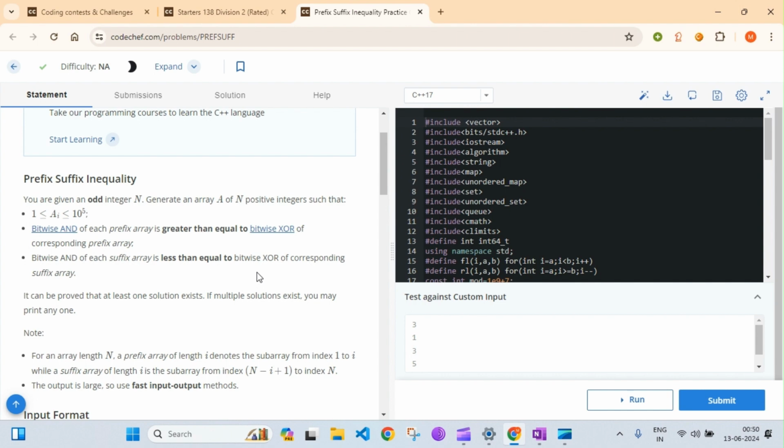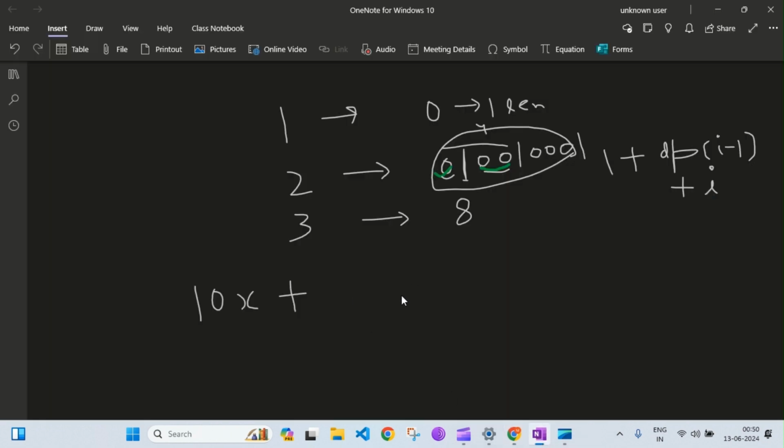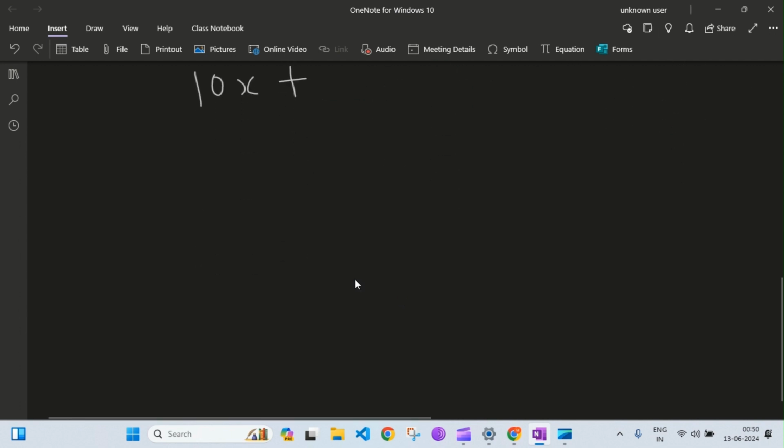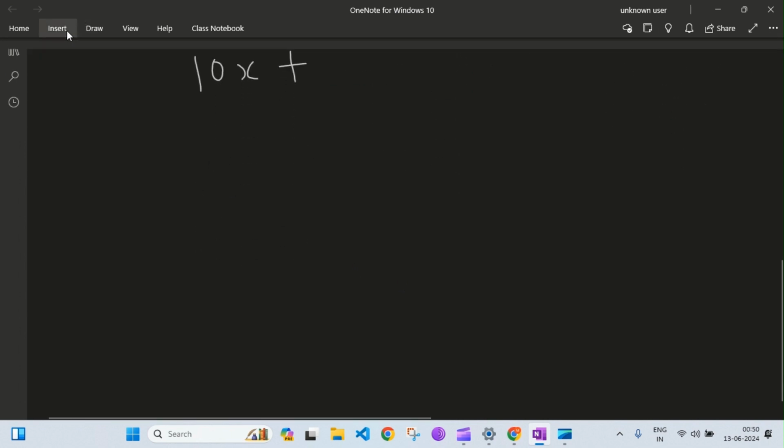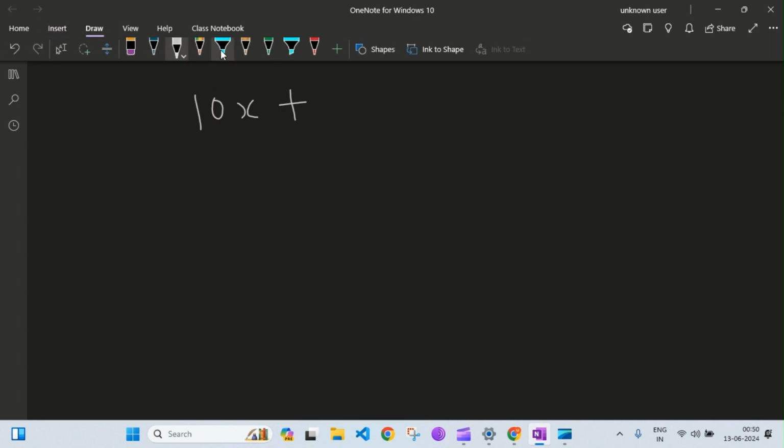So let's try to understand what this problem is saying. For the prefix, what I thought was, let's take some number x, like let's say 3, and again 3.